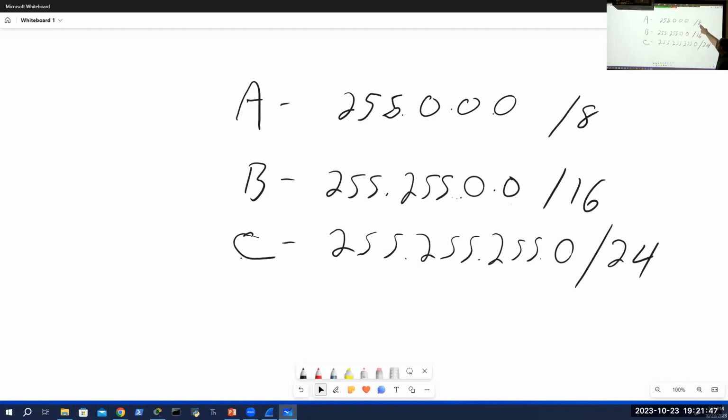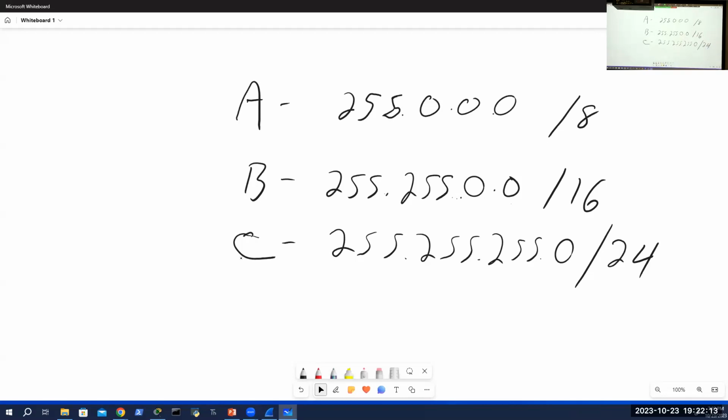So /8 means that if I just wrote the IP address /8, you would know, not that it's a class A. Remember, a subnet mask doesn't make a particular address a particular class. The address is a class, whatever class it is, based on that first octet.